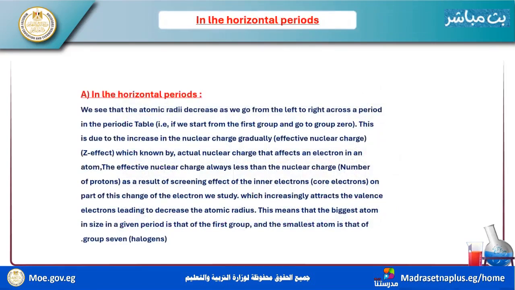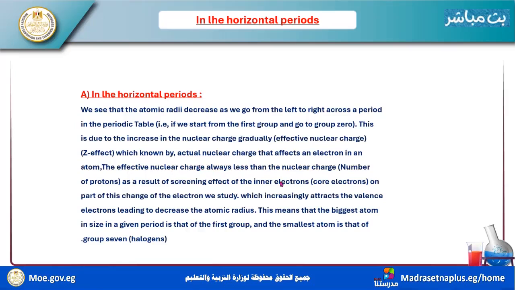In the horizontal lines, or the period, the atomic radius decreases as we go from left to right across the period. In the periodic table, we start from the first group and go to zero group. This is due to the gradual increase of the nuclear charge.